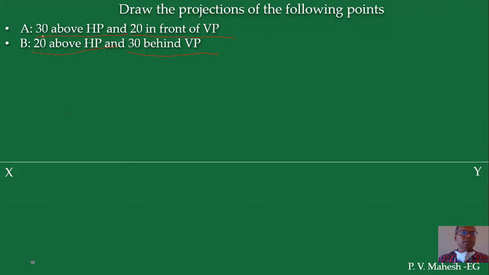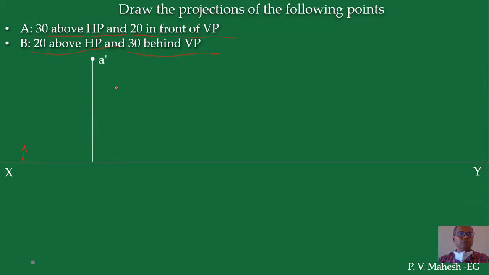The point is above HP. So in front view you will see the distance above HP or below HP. So the front view is above HP, and above HP means above XY line. So it is like this.